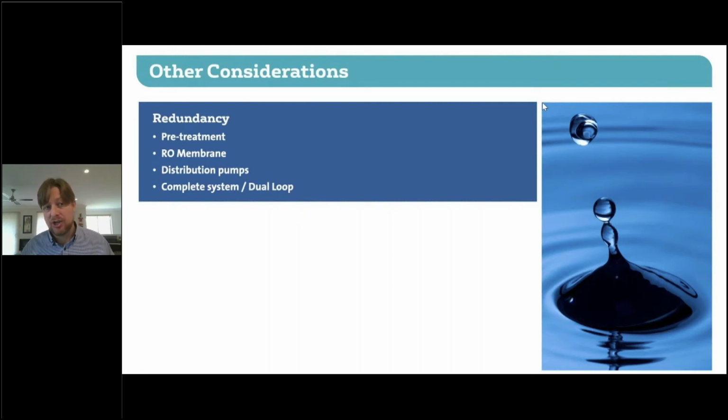Distribution pumps, as I mentioned earlier, critical area where we need to make sure you've got redundancy there. And some sites will even look at complete system redundancies or even dual loops. Now, though I think that's probably overkill in most cases, there are situations where that may be required.